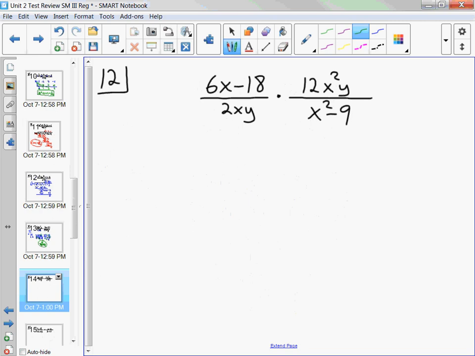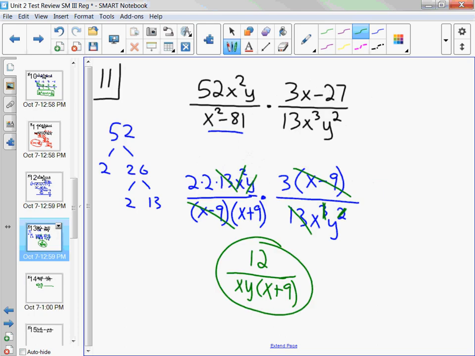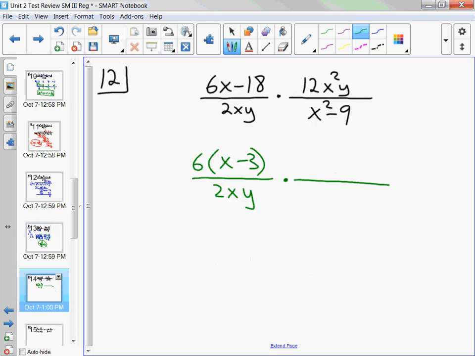Okay, this one's the same instructions. I notice that 6x minus 18 I can factor out a 6. That leaves me with x minus 3. And 2xy on the bottom. And I'm going to go back to that last problem, make sure it wasn't a division problem. No, it wasn't, so good. Okay.